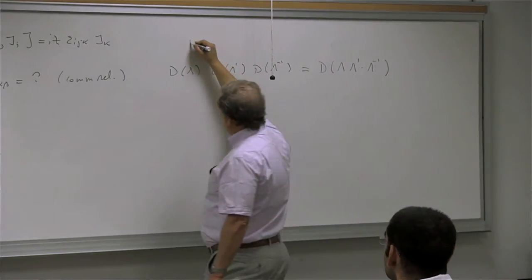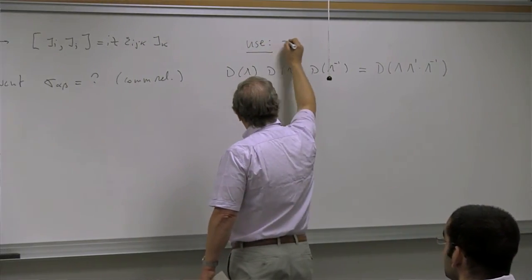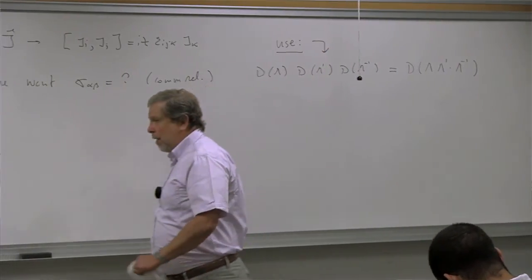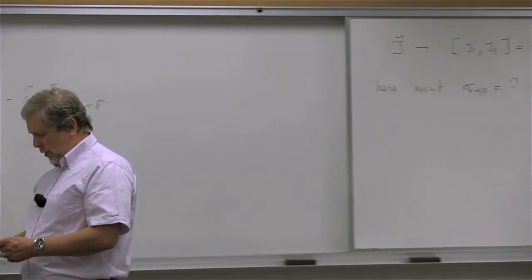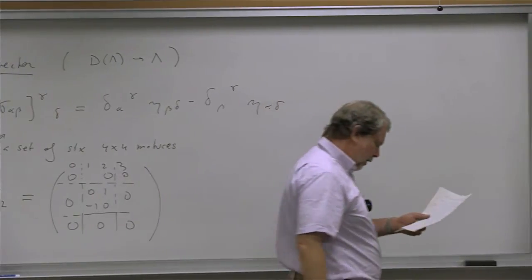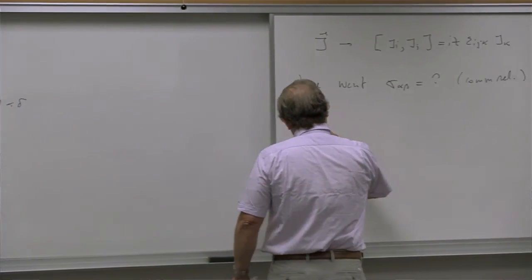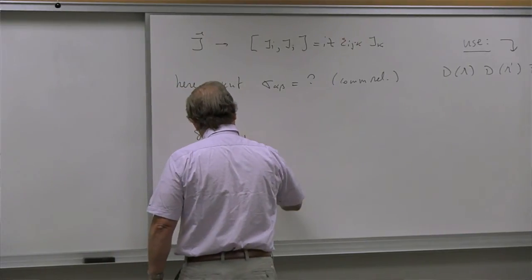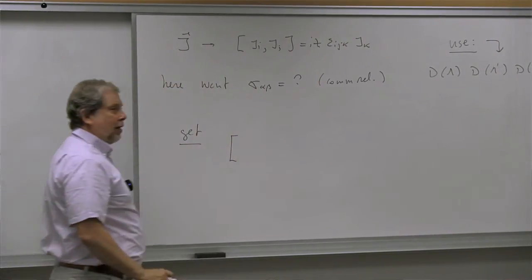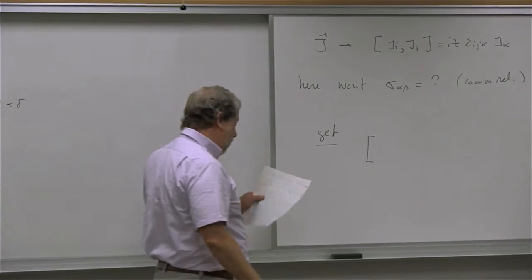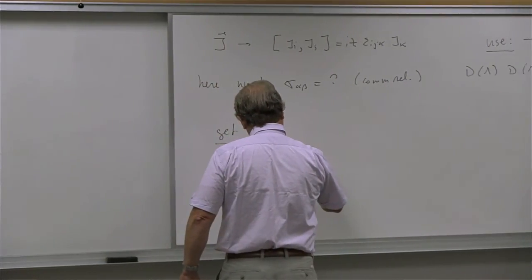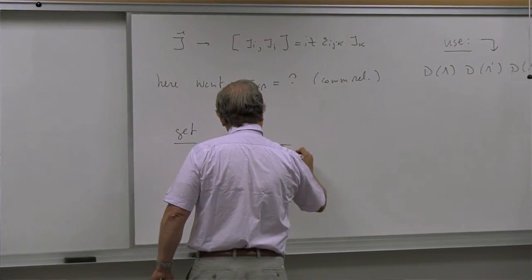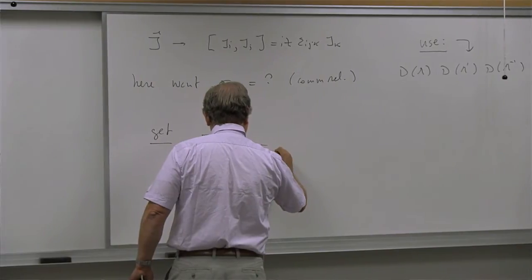This is what one uses, and then you do a little bit of algebra, which we won't do, and just state the result. The result is the analog of that commutation relation: sigma alpha beta commuted with sigma gamma delta.